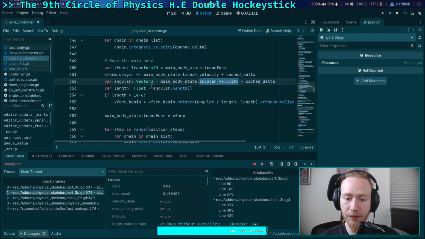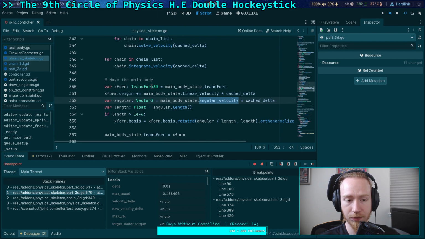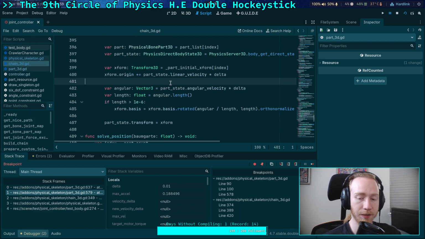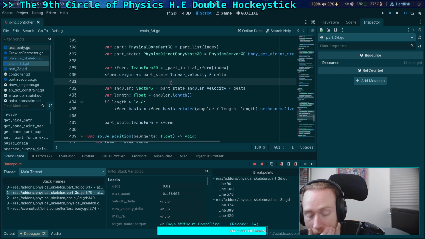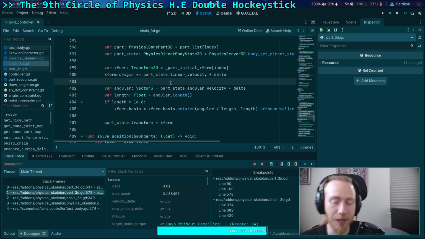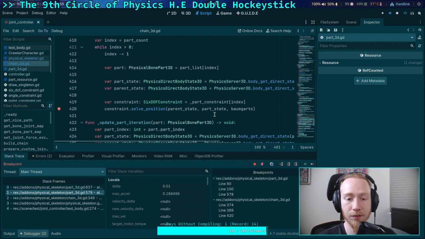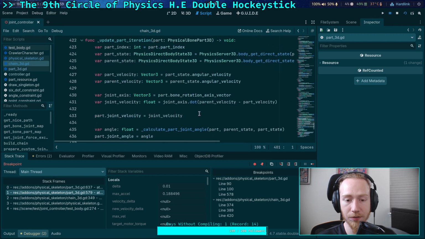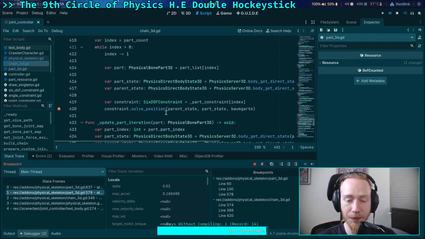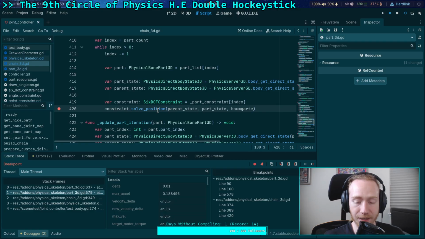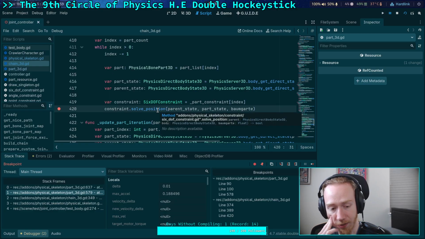Times the delta. That doesn't make any sense to me. I reached the velocity, but there's no way that a single... That's not possible. It's not possible. That's not possible. That could not have happened. That I stepped over it in 100th of a second. That's absolutely incorrect.